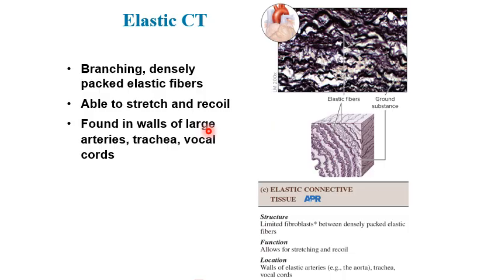So that tissue is made up of these elastic fibers. Also, in your trachea, you're going to have these types of elastic fibers, and as well as your vocal cords. You can stretch and contract your vocal cords to produce all sorts of sounds, the deep sounds, and you can do the exercise of contracting and expanding your vocal cords. So that's thanks to your elastic fibers that are present there.